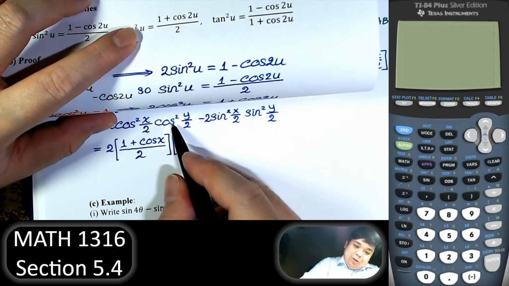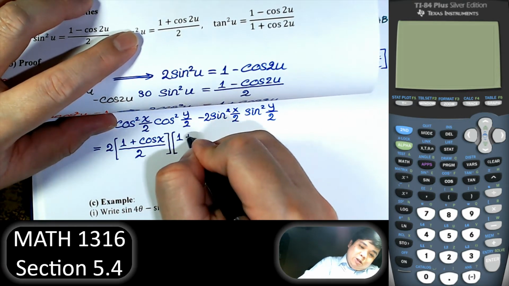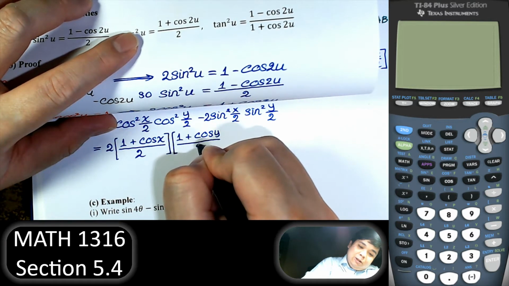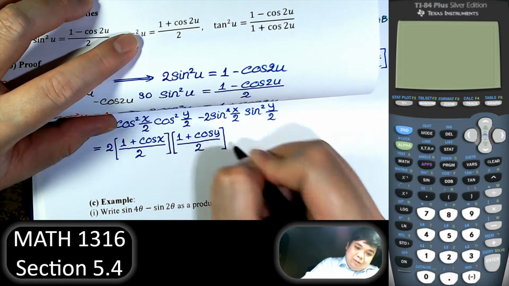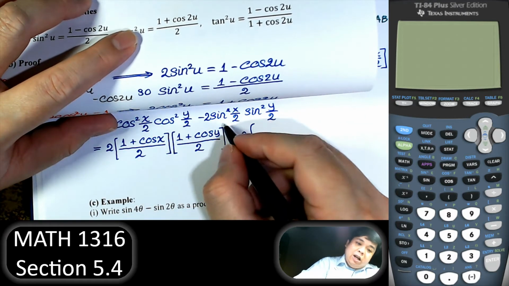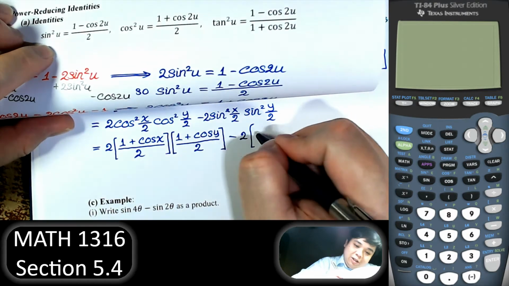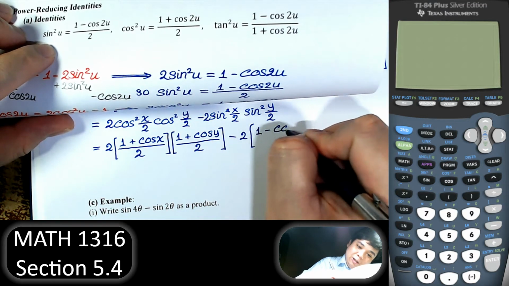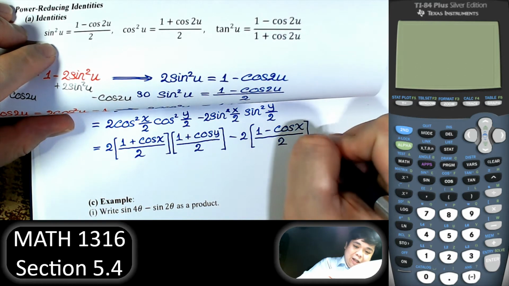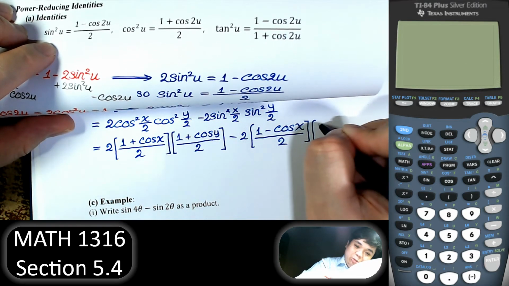And then cosine, that's the same thing, 1 plus cosine of y. Minus 2. Sine square is going to be this one. This is not the easiest way to prove.